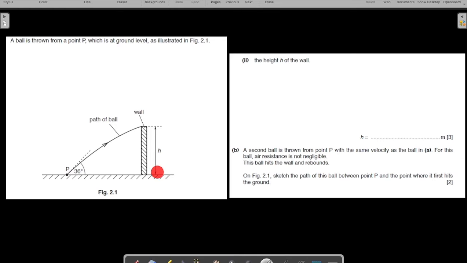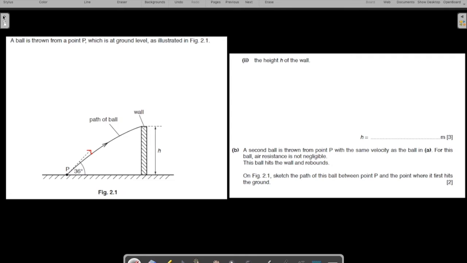Now height is what? Height is a vertical thing. Now let us think everything in terms of vertical phenomena. So if we are talking about a vertical height, we need to be thinking about the vertical velocities, right? We need to be thinking about velocities in terms of their vertical component.